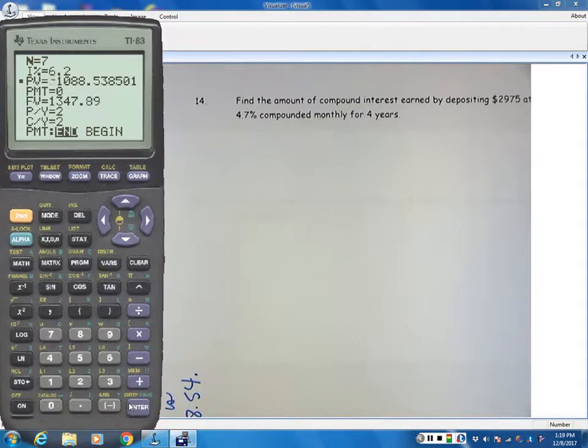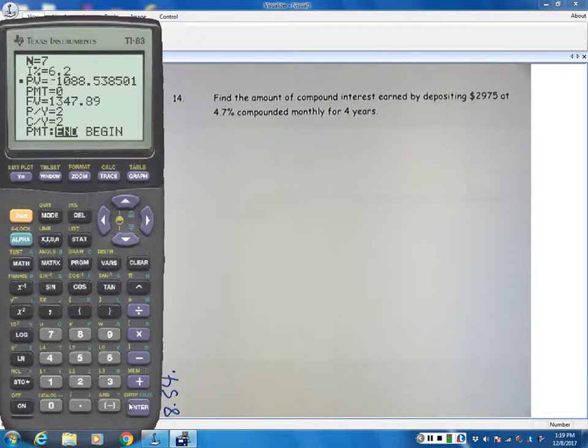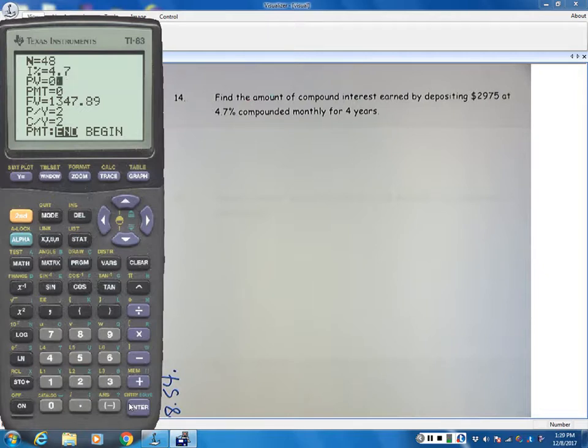So we need to find the amount of compound interest earned by depositing $2,975 at 4.7% compounded monthly for 4 years. So compounded monthly for 4 years, that's 4 years times 12 payments a year at 4.7% interest. The present value is not anything we're interested in because we're not making a lump sum deposit, we're making payments.